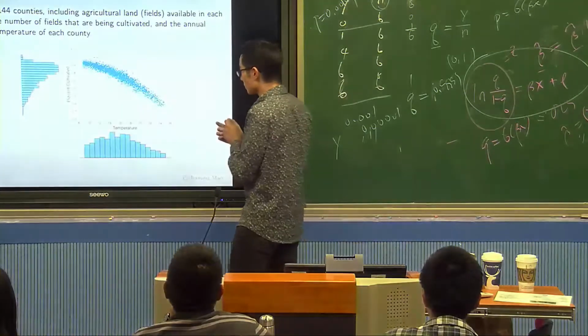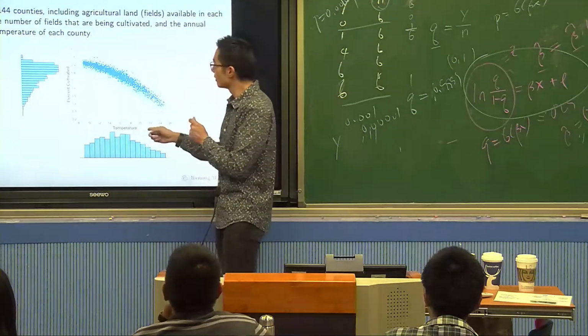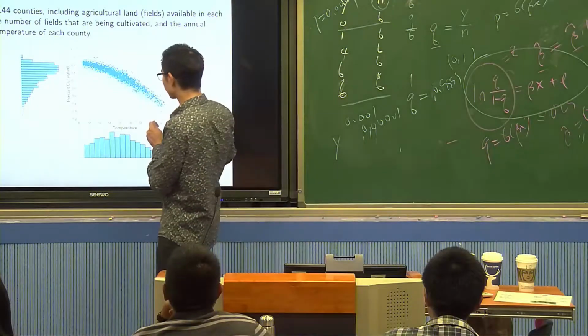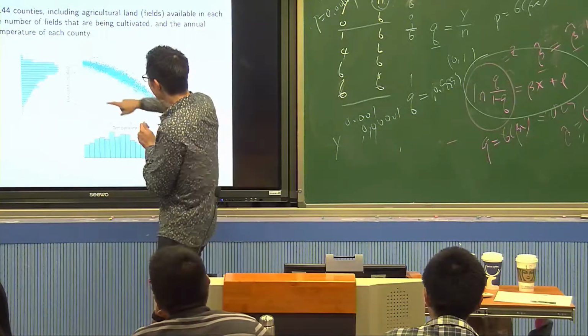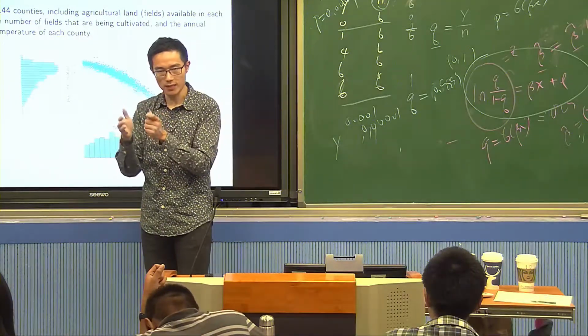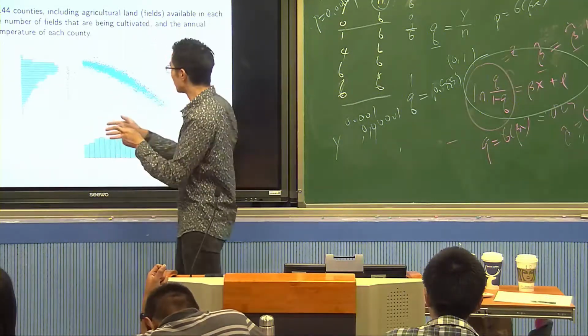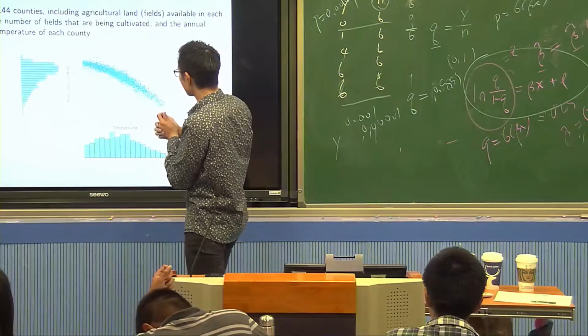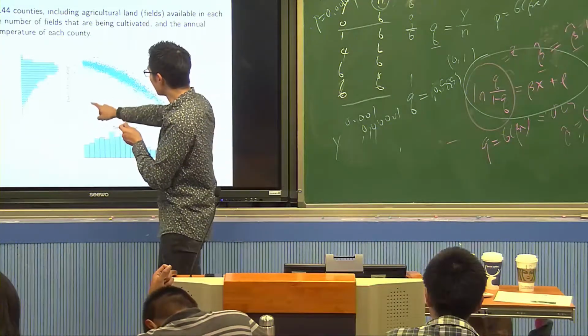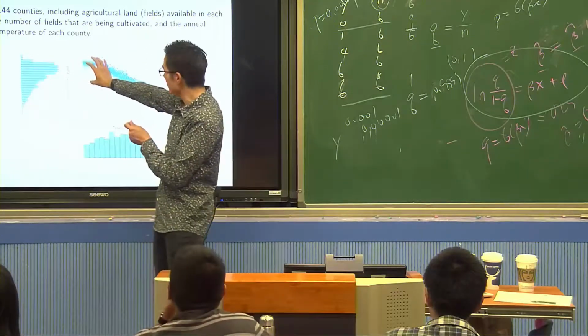The factor we look at here is temperature. Specifically, here's the percentage cultivated. What is the percentage of fields that is being cultivated in that county? And we have 3,000 of them. As you can see, when temperature is cooler, more fields are cultivated.